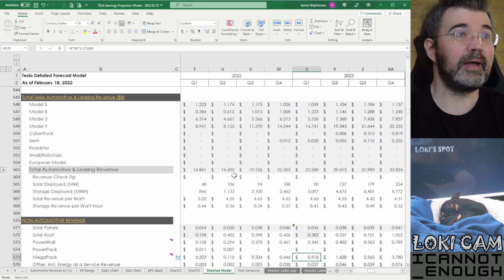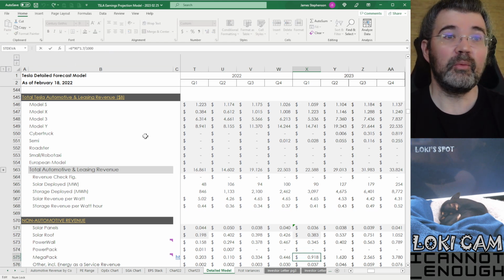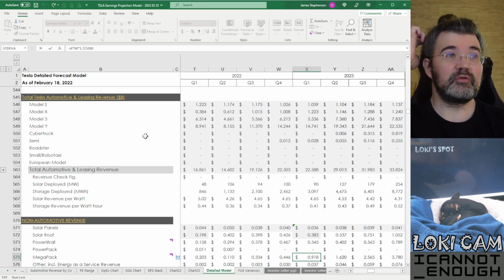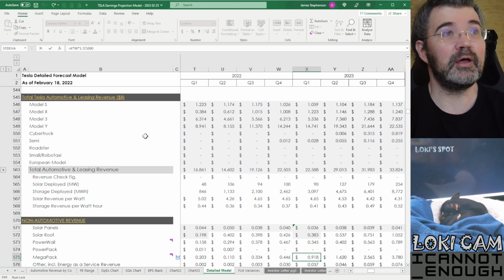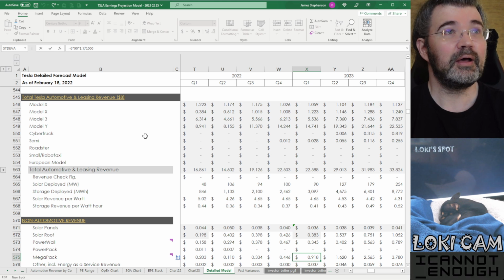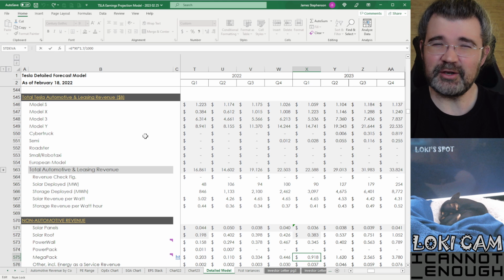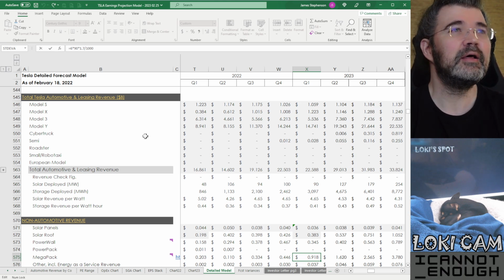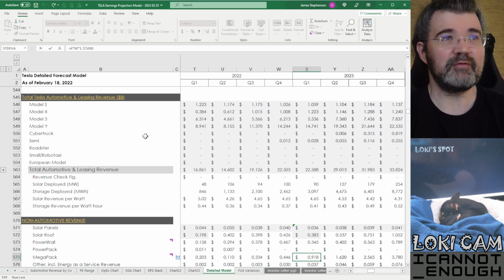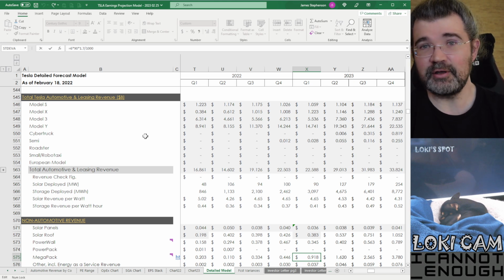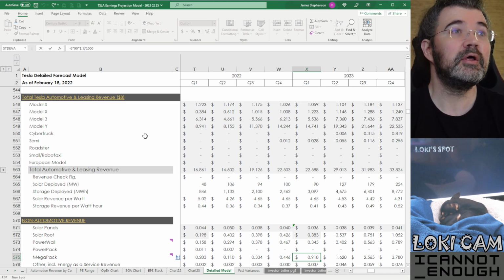How am I getting to the megapack revenue forecast? Well, I'm assuming a combination of regular megapack and megapack XL at $1.7 million per average megapack unit sold.